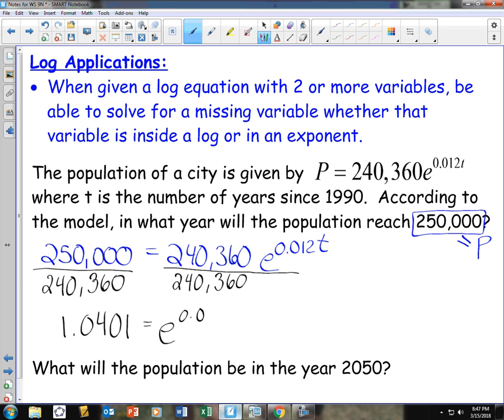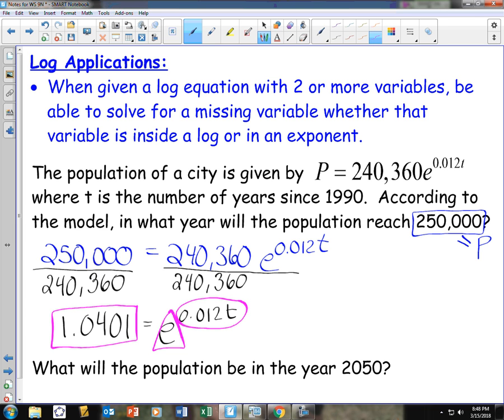All right, so here we go. My desired variable is in the exponent, so I'm going to rewrite it. So I'm going to identify my three pieces and rewrite it as a log. So this would be a log base e, so this would be natural log of something equals something.